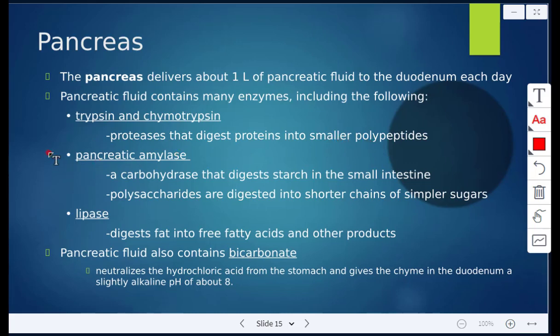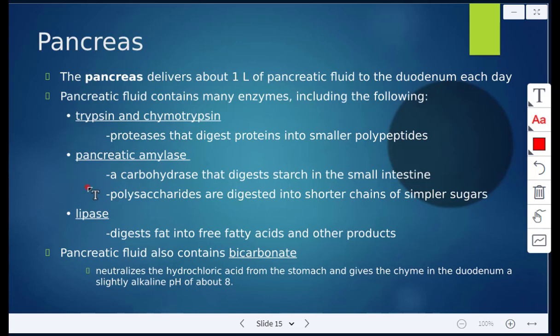Then we have pancreatic amylase. Remember that there was an amylase in the mouth from the saliva that started the process of carbohydrate digestion. Now the pancreas releases a pancreatic amylase. It's a carbohydrase, meaning it's an enzyme that's going to digest starch in the small intestine.